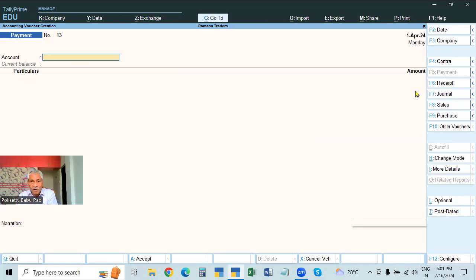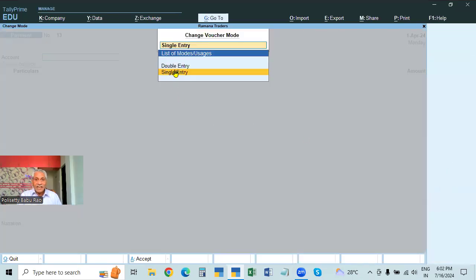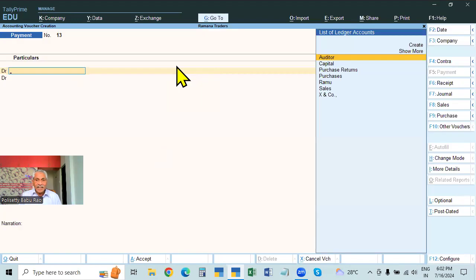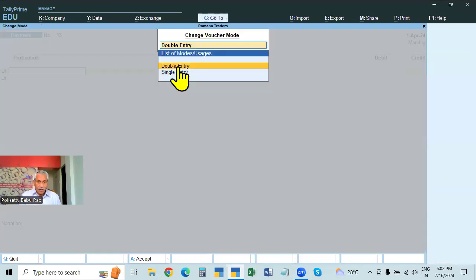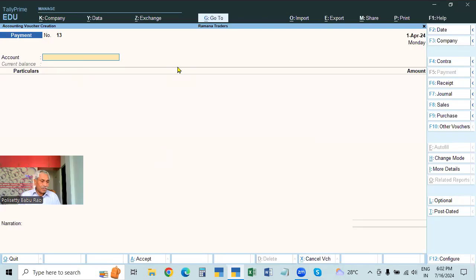The amount will also be one amount. So the same amount will be taken. This is called single entry, double entry. So to change the method of how you record, we have to use single entry or double entry, or Control H. Like this you can use.